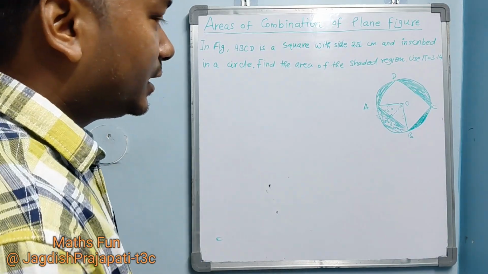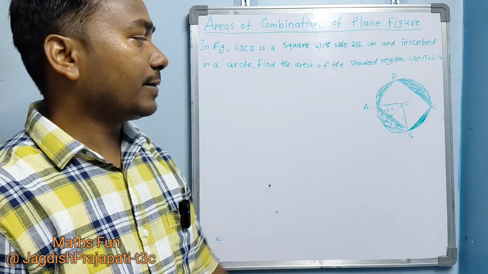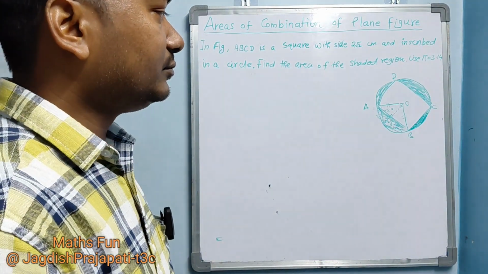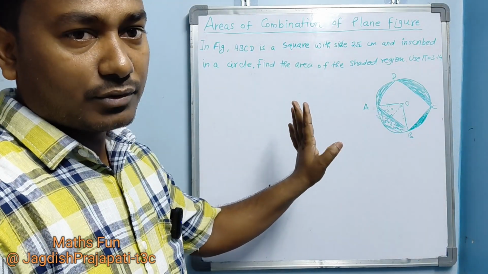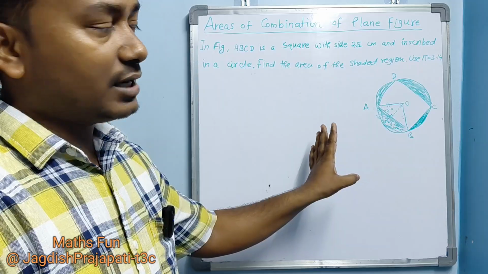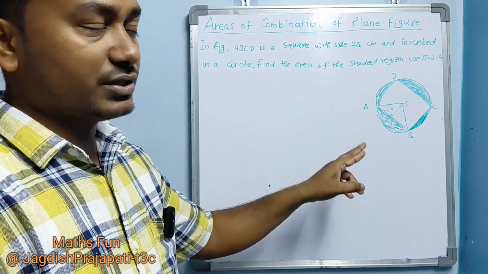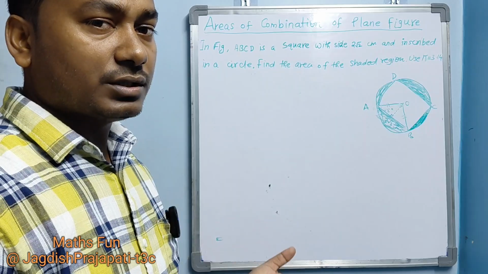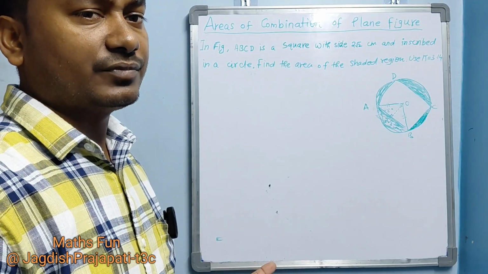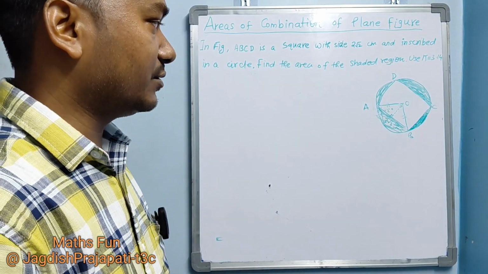Please write down: let O be the center of the circle. I hope you understood what we have to do in this problem. I have explained there are 2 ways to do this, and you can choose any of them based on your convenience.